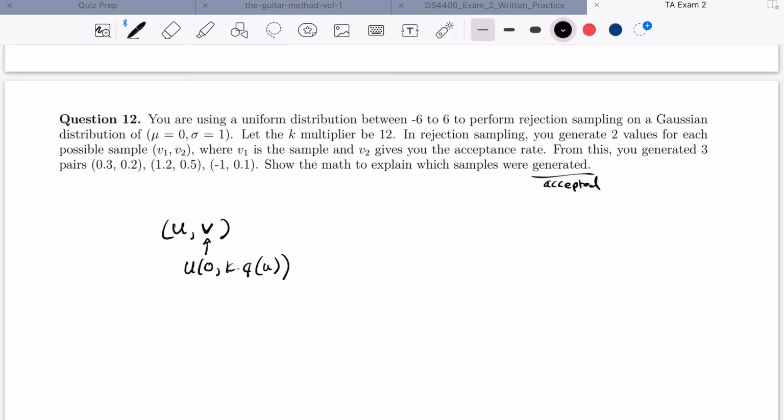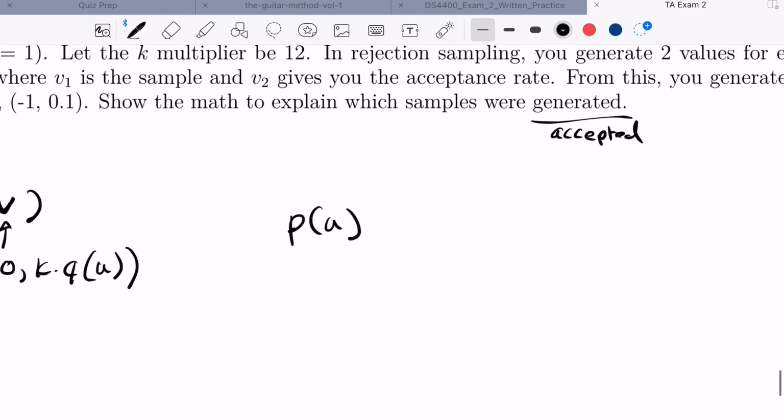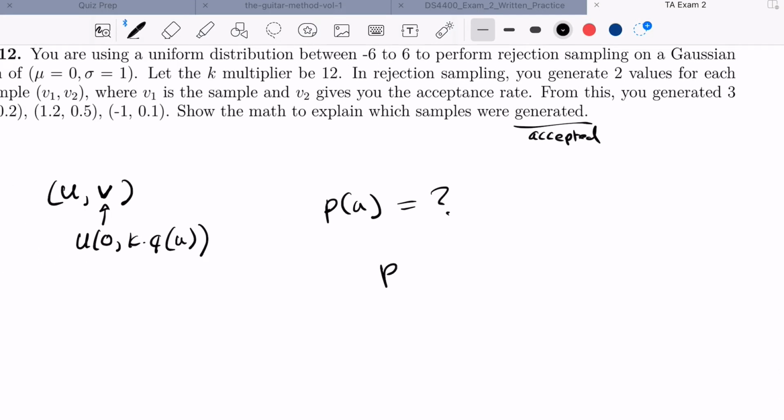Another thing to note is one component of this problem, which is hard for you guys since we don't have a calculator, and I think was an oversight of writing this problem: we don't have P of U. We do know that P is a Gaussian distribution with mu 0 and variance 1 squared.